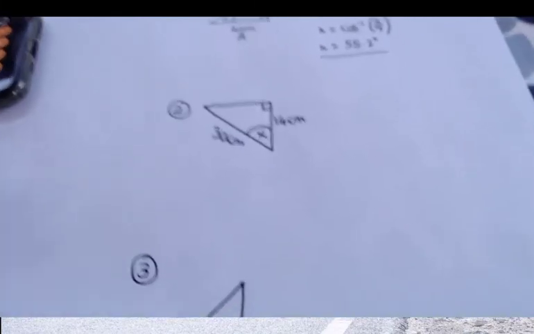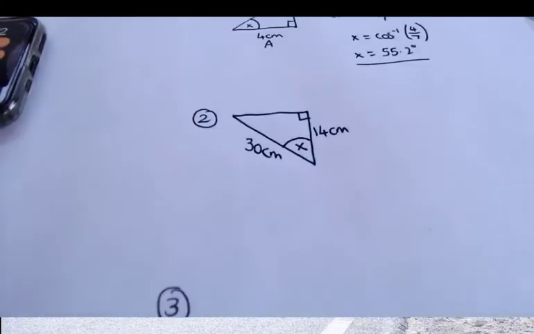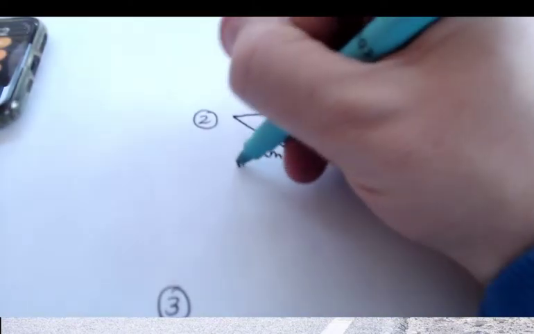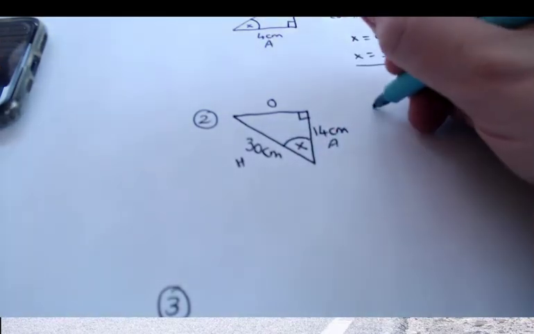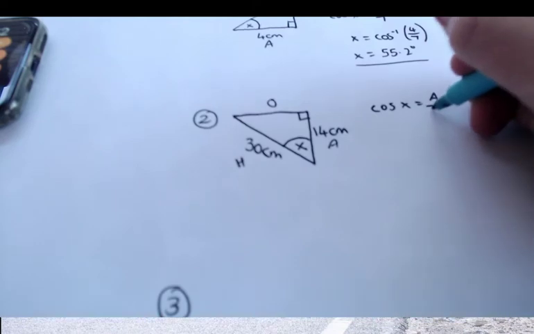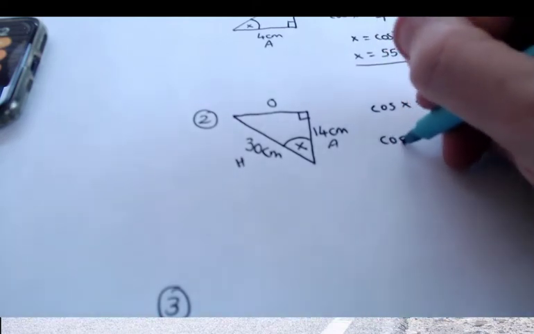Okay, now you can try the second one. So pause the video and give it a go. Once you've finished, unpause, and hopefully you're going to get it right. So opposite, hypotenuse, adjacent. Fill in the information, write the rule. Cos x equals a over h. Fill in the information.